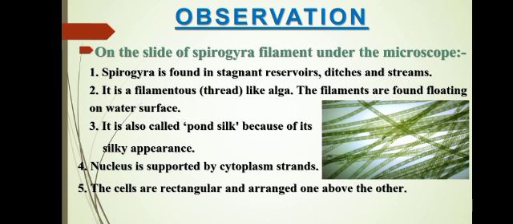Spirogyra is known as pond silk because of its silky appearance. They have a nucleus, and this nucleus is supported by cytoplasmic strands. The cells are rectangular and arranged one above the other.